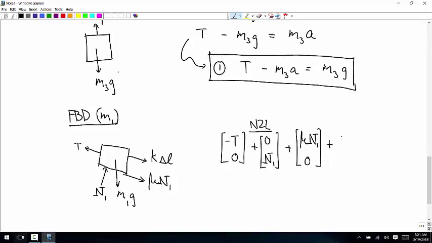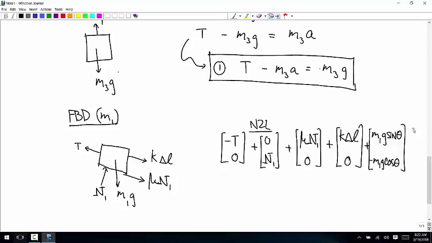And then we have K delta L, 0. And we still have to have the weight. So in this case, that's equal to, if you do the trigonometry, just to simplify it a little, M1G times the sine of theta, and then negative M1G cosine theta.